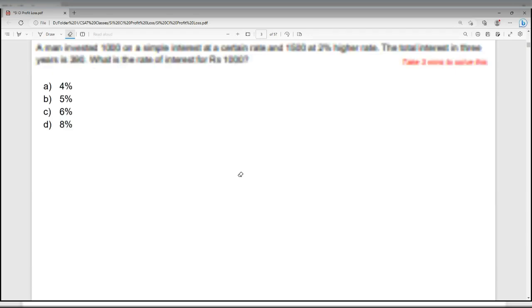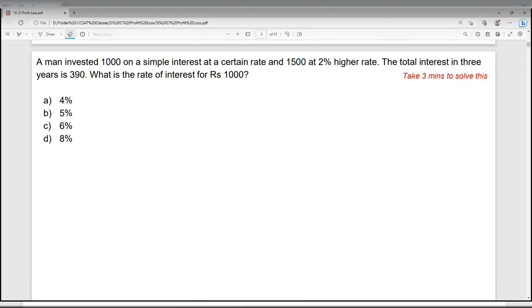Please take 3 minutes to solve this. Let's start the timer.